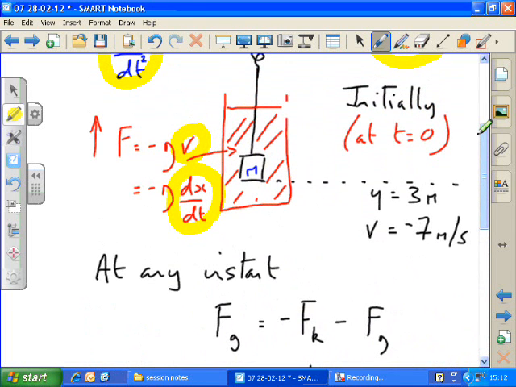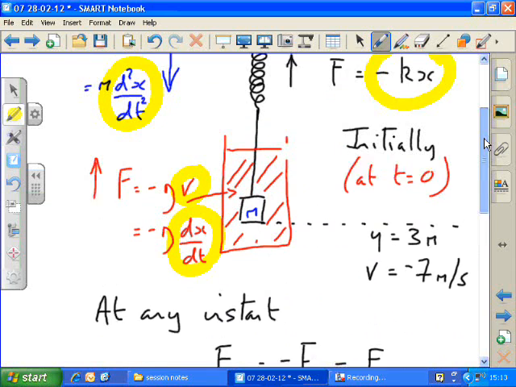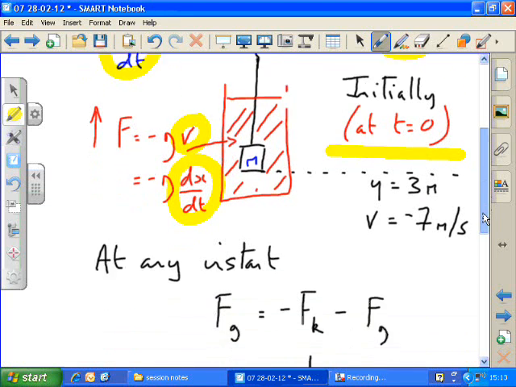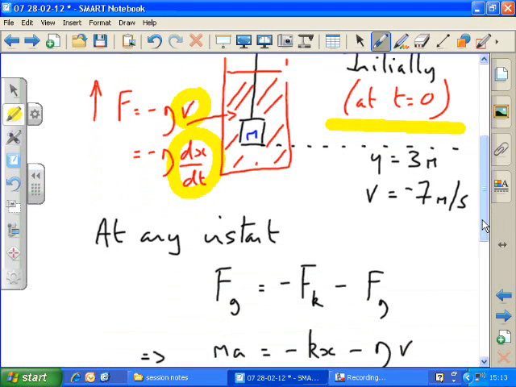Notice that in any given situation we have some initial conditions. Initially, at time equals 0, what's happening to the spring? Y, the maximum displacement, is 3 meters, and the velocity is minus 7 meters per second.